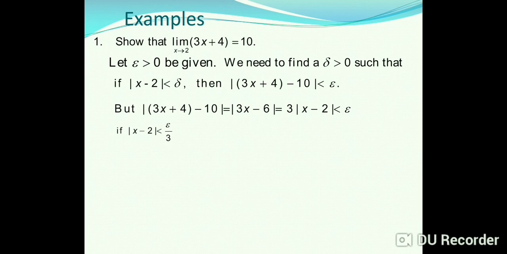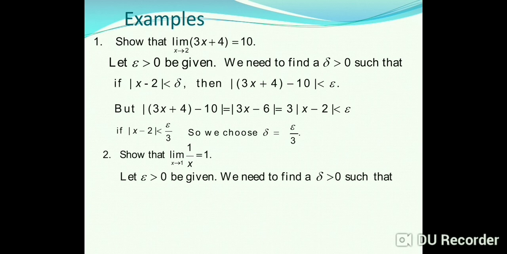But mod of 3x plus 4 minus 10 is equal to mod of 3x minus 6, that is equal to 3 mod of x minus 2 by taking 3 as common, which is less than epsilon. Next, if mod of x minus 2 is less than epsilon by 3, so we choose delta equal to epsilon by 3.